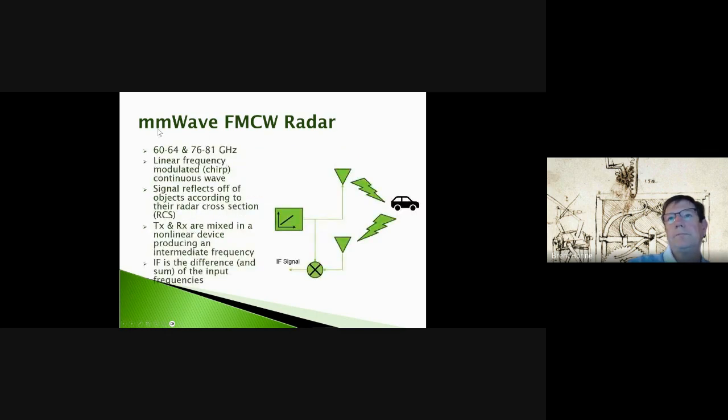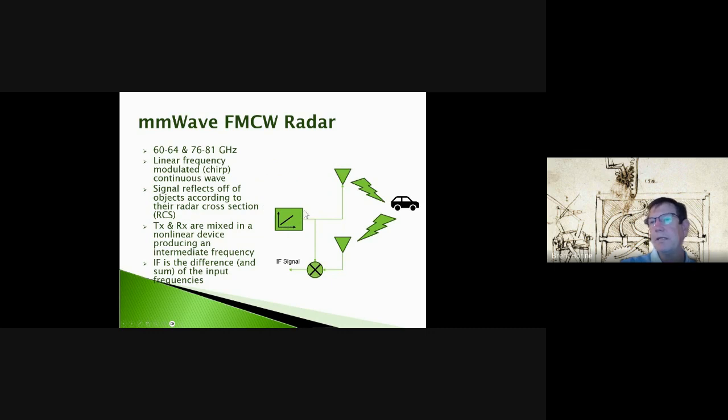All right. So what is this beast here? By millimeter wave, they're allocated to operate in these spectrums, and you'll find chipsets in these frequency ranges. It uses a linear frequency modulated chirp of a continuous wave signal.